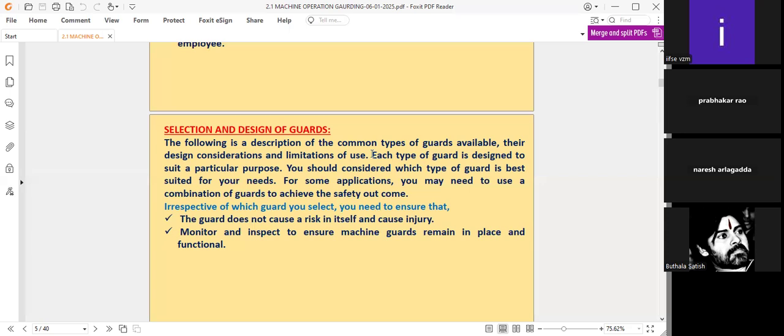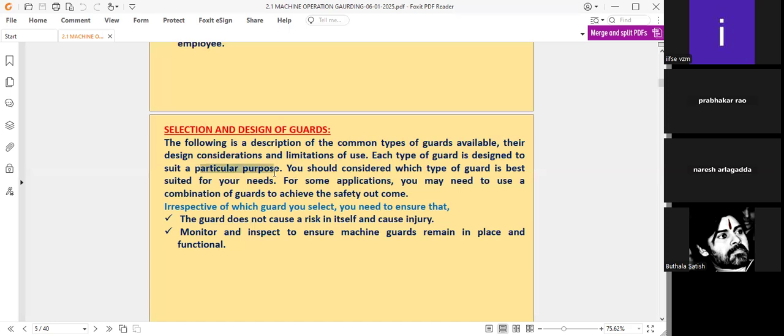By the time the delivery line is leaking at the delivery point, some liquor has gone into the guard. The guard cannot handle it, it gets hold. That means your GI sheet is not able to handle that hazardous chemical. Therefore, each type of guard is designed to suit a particular purpose.